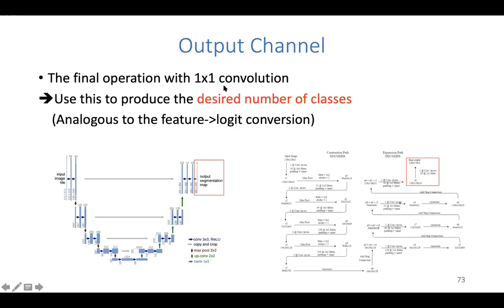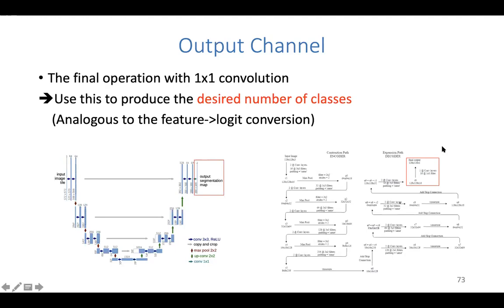If you're doing the ImageNet challenge, then you want your global average pooled feature map to be divided into 1,000 classes. Or if you're doing MNIST, you want your final feature to be converted to 10-dimensional logits, something like that.